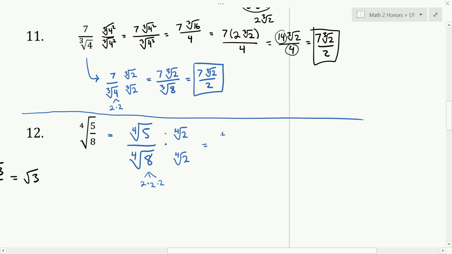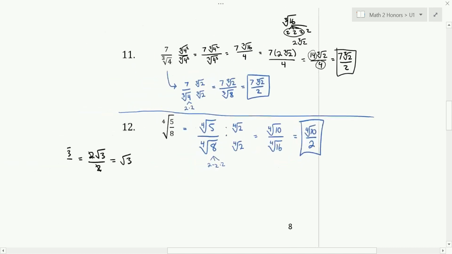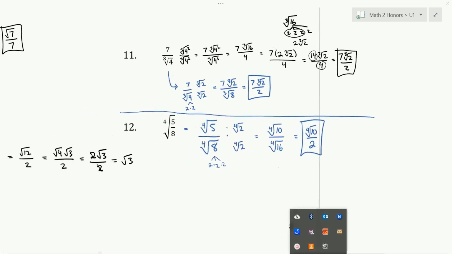And so we end up with the 4th root of 10 over the 4th root of 16, or you could say 2 to the 4th power. And that's the 4th root of 10 over 2. Can I divide the 10 by the 2? No. Okay.